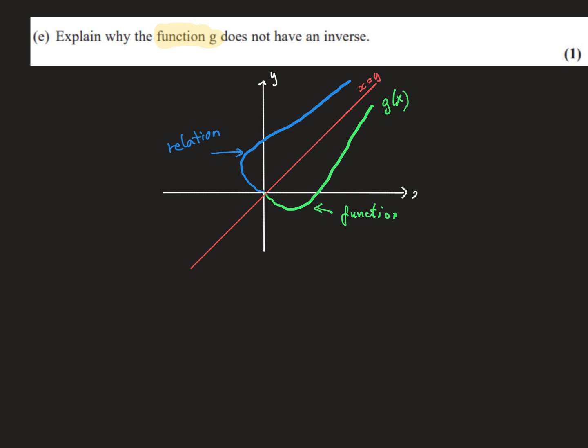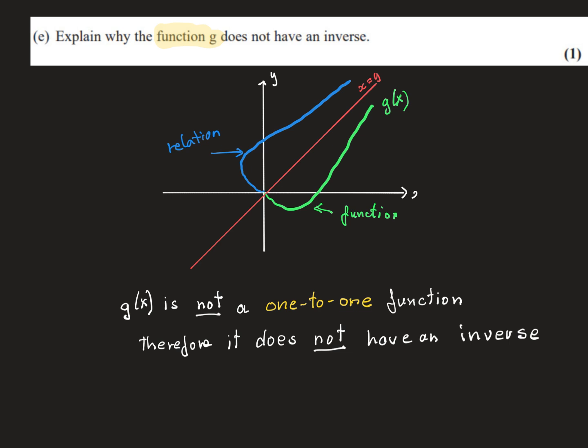Say, for instance, if I look at my relation, if I look at x equal to 1, where I've got this, you can see that there are two values of y, and therefore it is not a function. And this is all you need to write for this 1 mark. g(x) is not a one-to-one function, therefore it does not have an inverse.